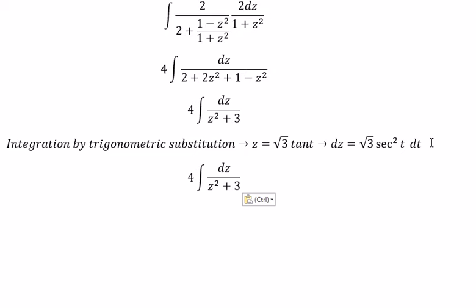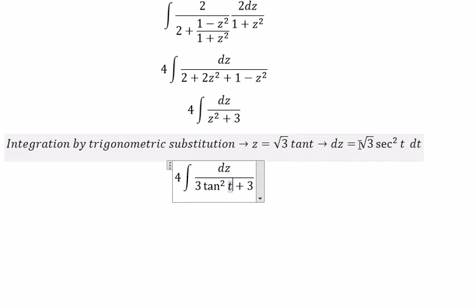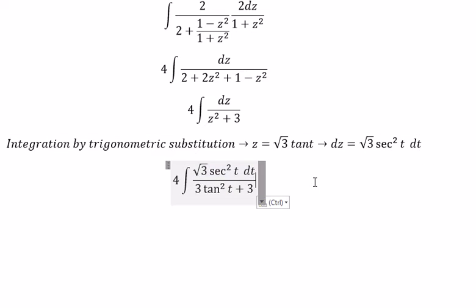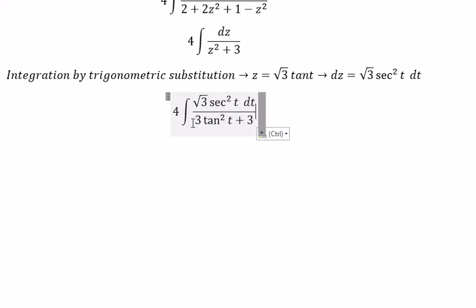So this one, we can change 3 tan t square, dz, we change for this one. So we put number 3 and the square root of number 3 outside, and we get 4 multiplied with the square root of number 3 over 3.